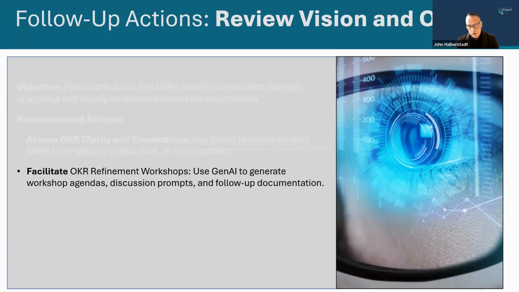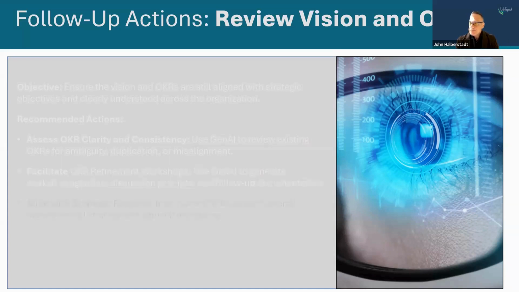I find when I work with organizations on OKRs, they tend to be either far too broadly ranging or way too optimistic based on current state to be able to achieve those results. It's a good opportunity before you have that as a final target to assess it and to make sure that it is achievable and realistic.